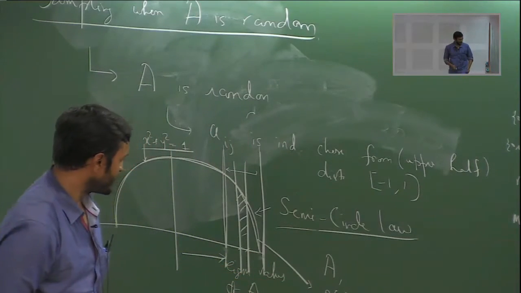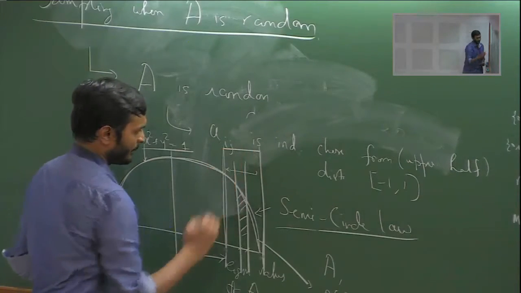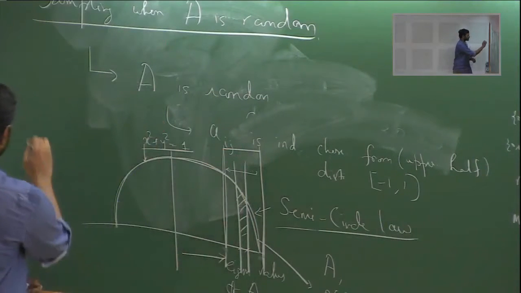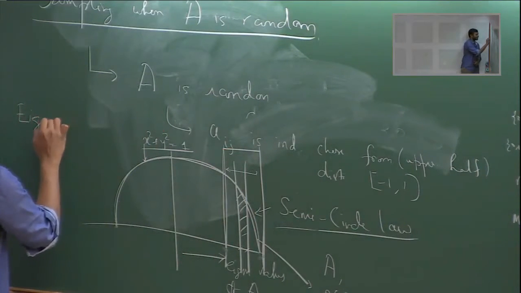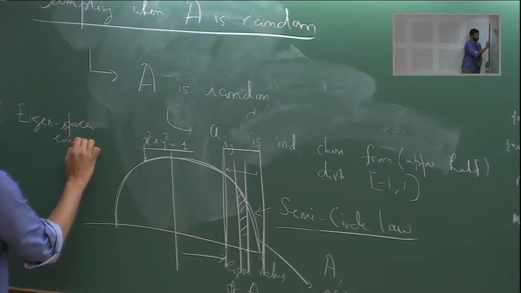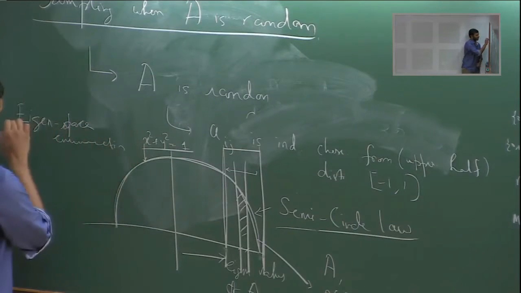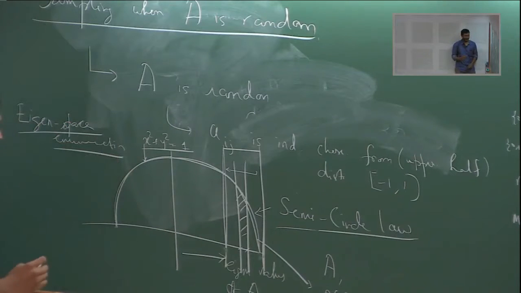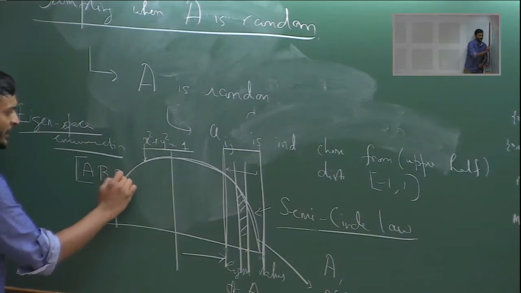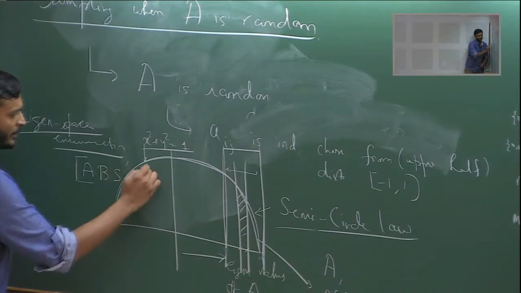So what this means is that now we can use a technique of eigenvalue and eigenspace enumeration, which was popularized by a pretty important work of Arora, Barak, and Steurer from 2009.